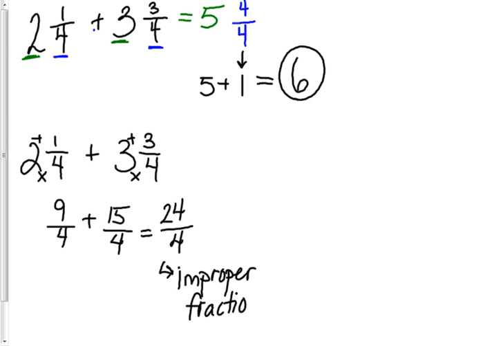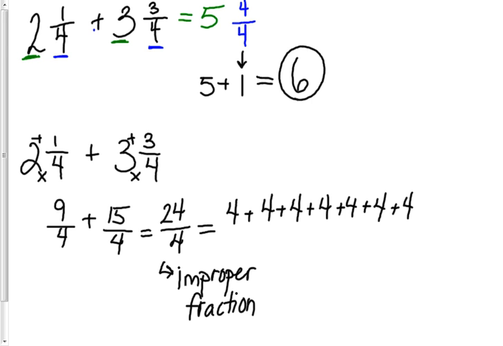And to do that, we ask ourselves, how many times can we count by 4 until we get 24? So I can count 4, 8, 12, 16, 20, 24.